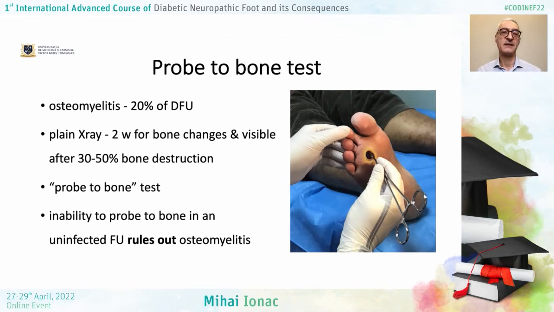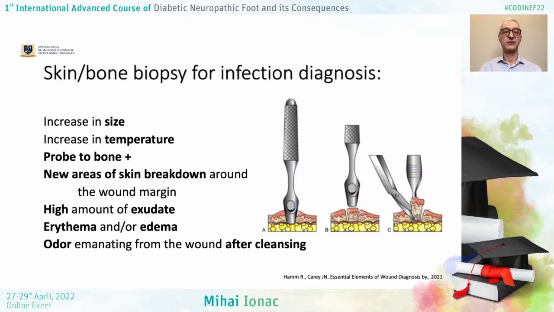What about the probe-to-bone test? Osteomyelitis is present in about 20% of diabetic foot ulcers, and the importance of the probe-to-bone test is that if we make this test but are unable to probe a bone in an infected foot ulcer, that rules out osteomyelitis with pretty great precision.